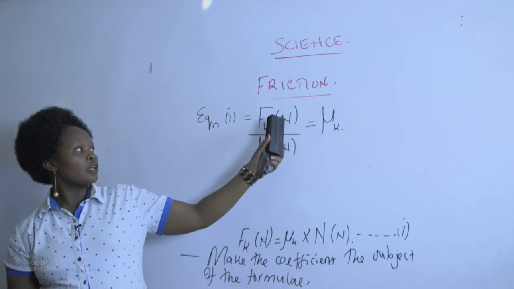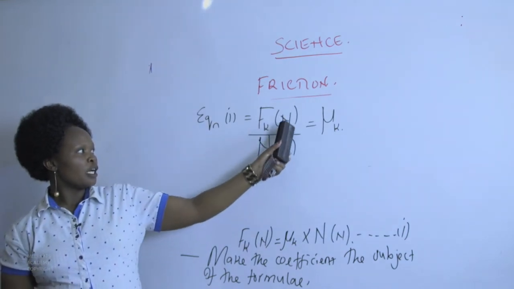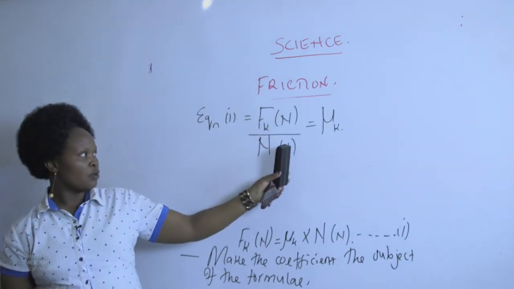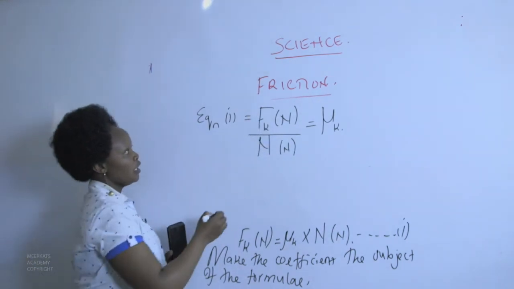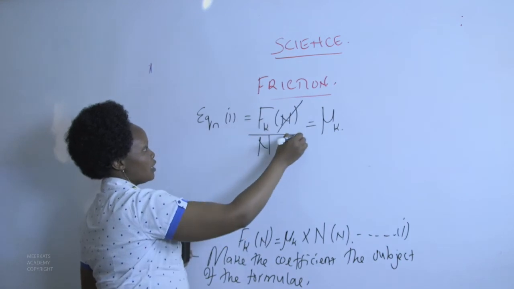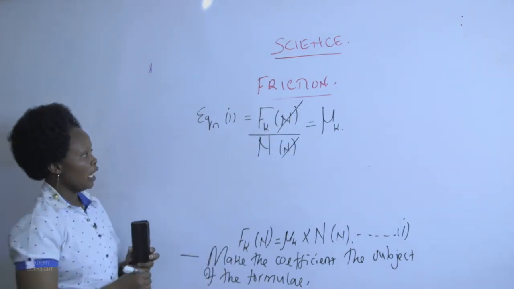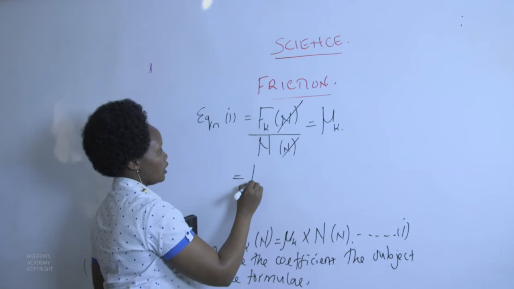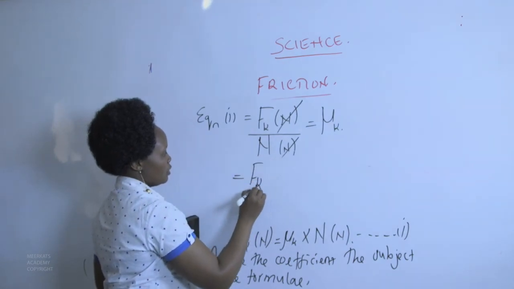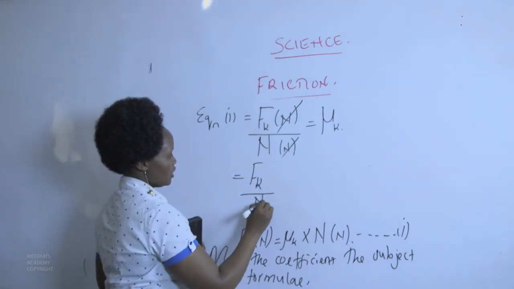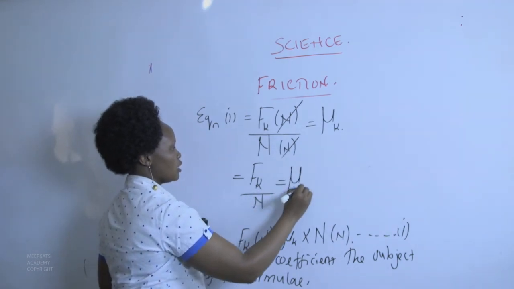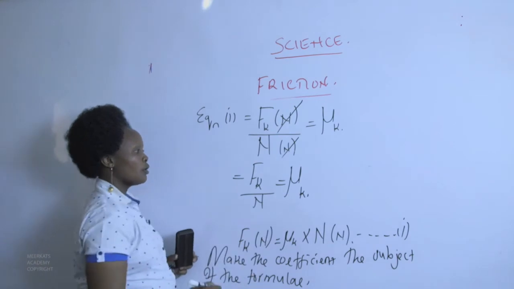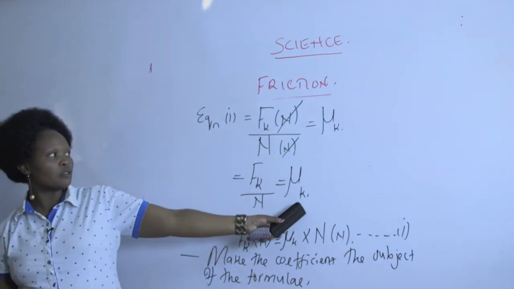Now, the units here are the same, which means that the friction and the normal are both forces. Therefore, we are justified to cancel the units, and what we are left with is just the friction force divided by the normal, minus the units, which is what gives you the coefficient of friction.